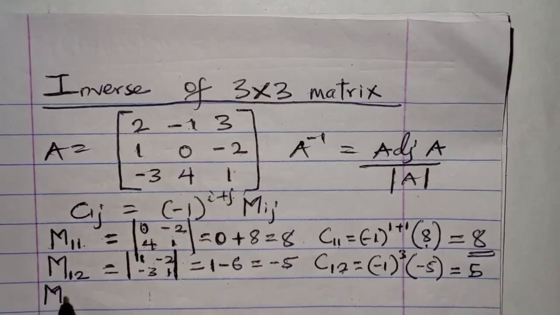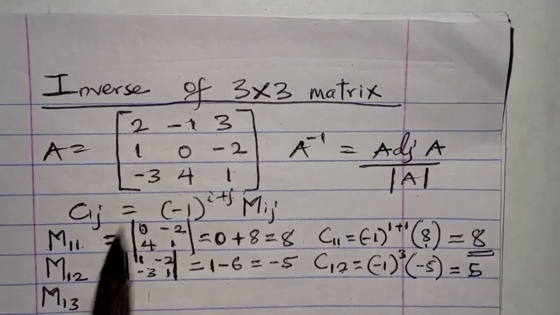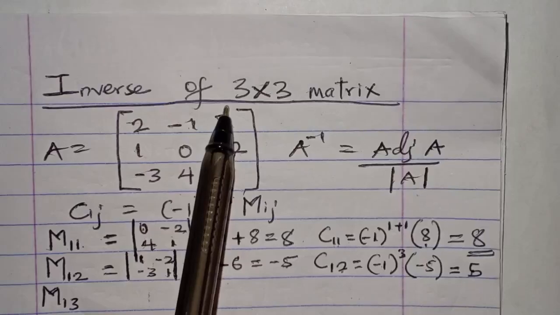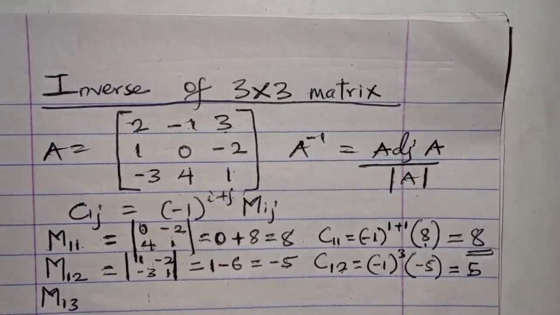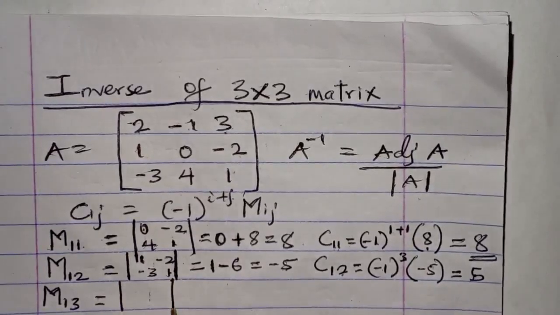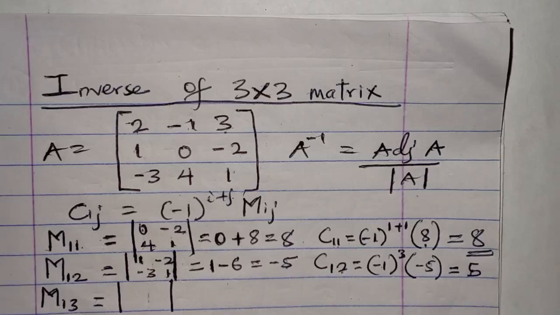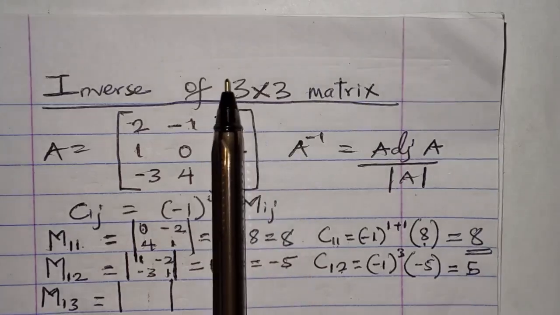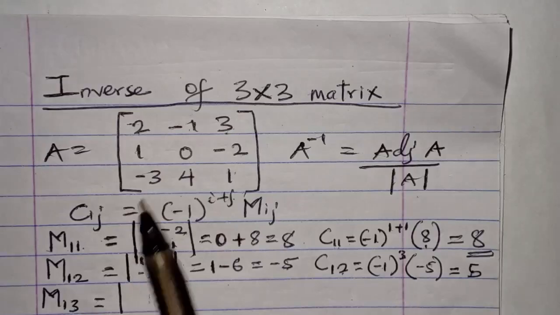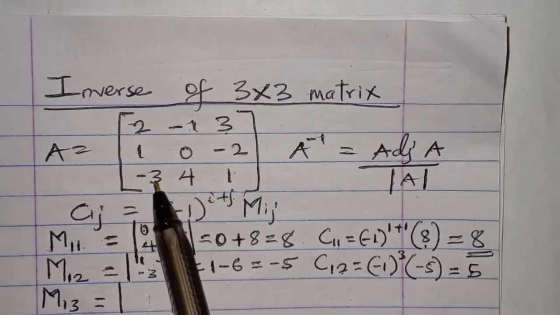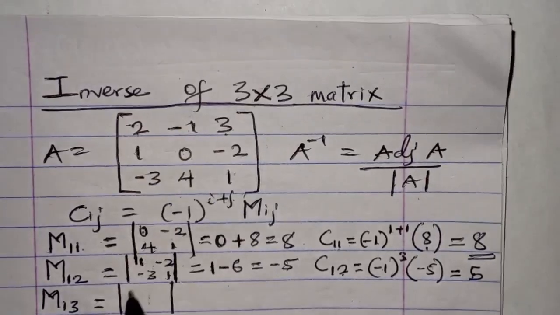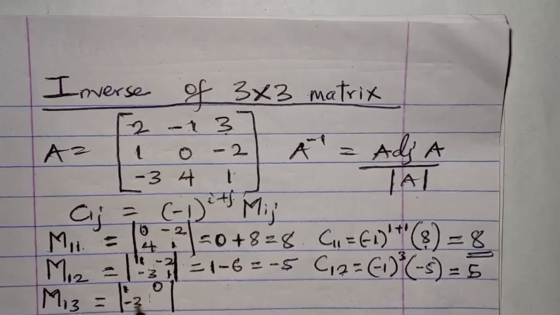The minor of the next element, that's M13, is in the first row, third column. It is the determinant of the matrix obtained when we close up the column and the row of 3. If we close up this column and this row, we'll be having the elements 1, 0, minus 3, 4.